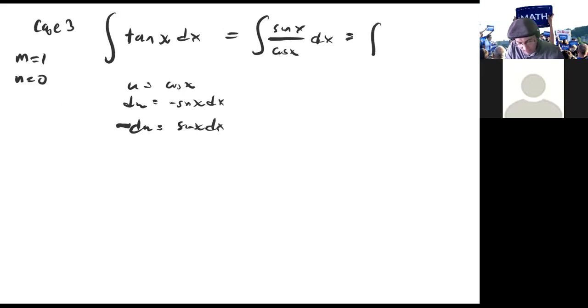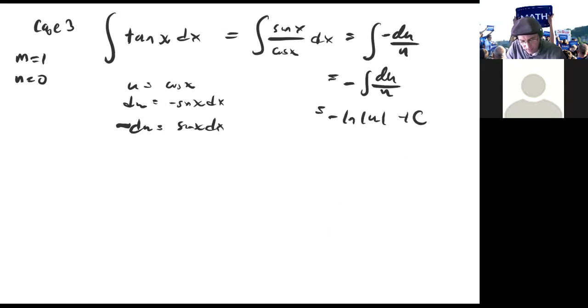And then this becomes the integral of minus du over u, which is minus the integral of du over u, which is minus ln absolute value of u plus c, which is minus ln absolute value of cosine x plus c. But from time immemorial, most textbooks do the following. Minus ln of something is ln of the reciprocal.